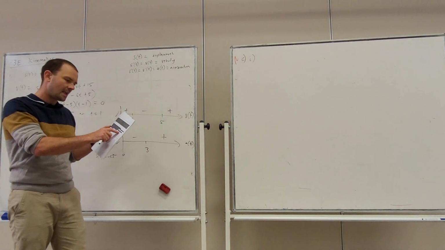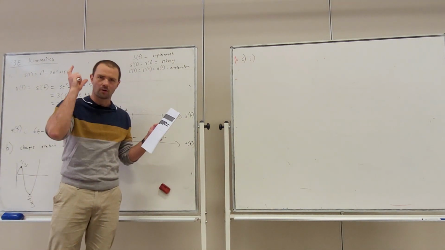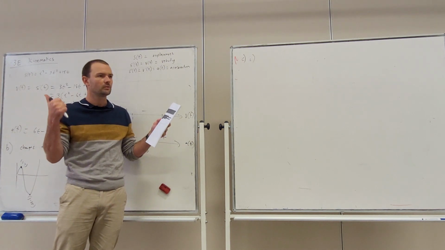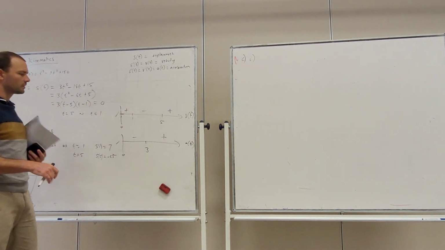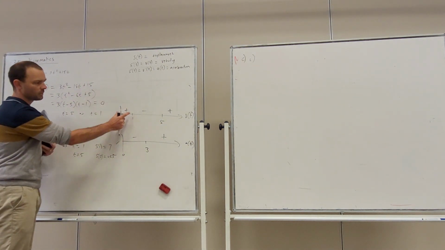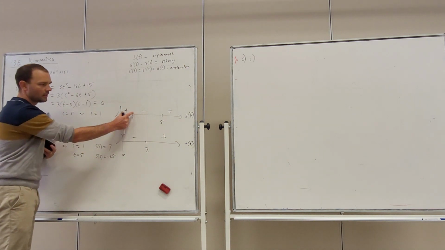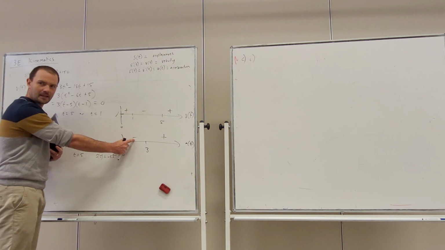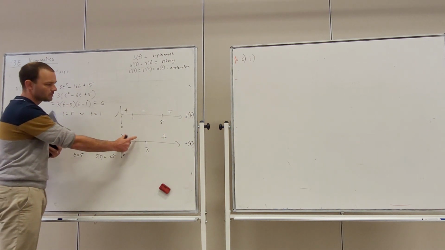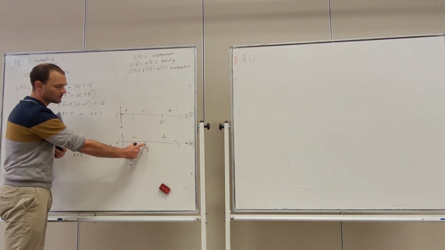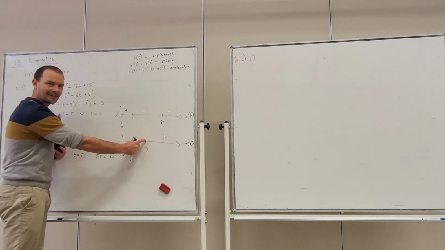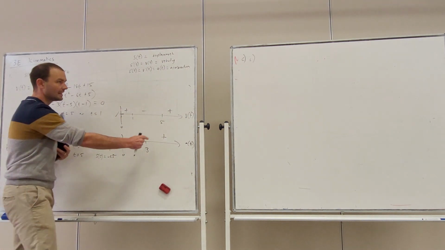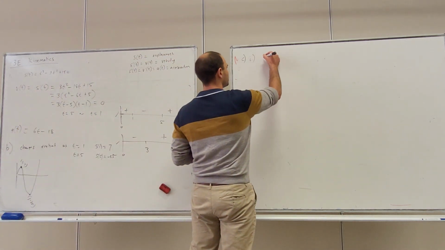If v of t and a of t have the same sign on the sign diagram, speed is increasing. If they don't, speed is decreasing. So the same sign. So let's look here. Between time is 0 and 1, the velocity is positive, but the acceleration is negative, which means speed is not increasing. Between time is 1 and time is 3, they're both negative. They both have the same sign, which means speed is increasing over that interval.